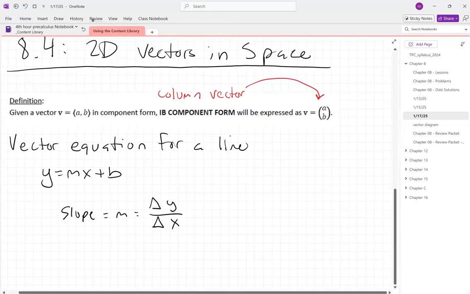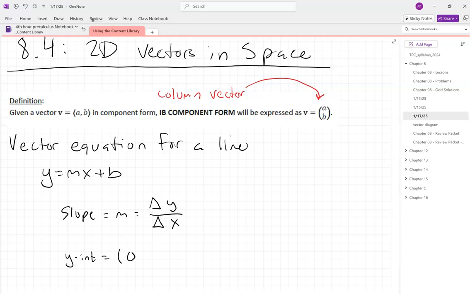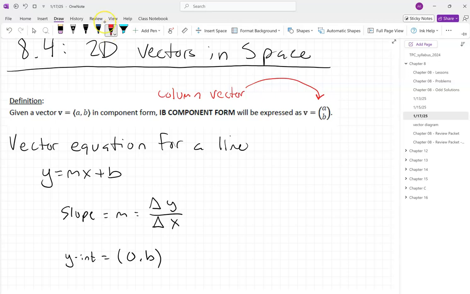And we said b was like the y-intercept. So that's a point 0, comma b. Always remember that kind of thing.